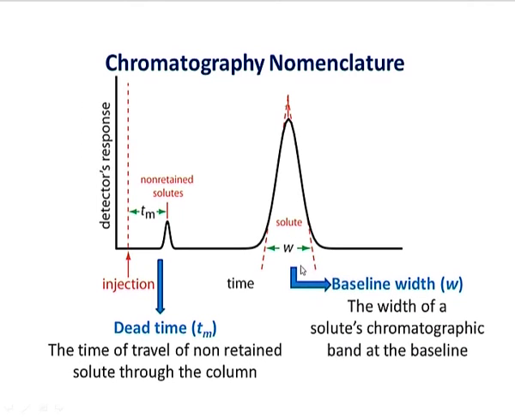There is one more term which we need to know, and it is called baseline width, which is denoted by W. As you would know, this baseline width denotes the width of a solute's chromatographic band at the baseline. The way we measure and evaluate this W is one draws a tangent from the point of inflection and then measures W at the baseline.